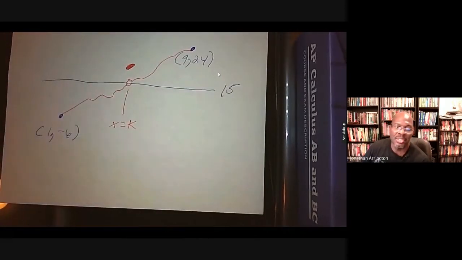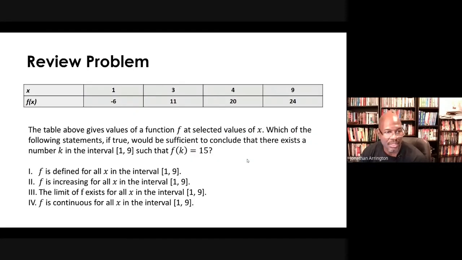Let's look at the other answer choices and why they're not sufficient. Again, the word used there was sufficient. Answer choice 2 says the function is increasing on all x values in the interval from 1 to 9. And that's one that gets a lot of people.